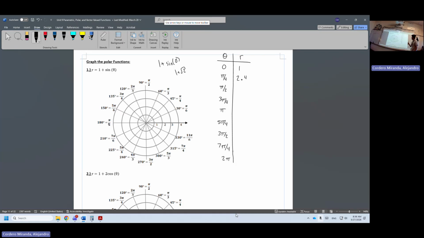No, that can't be right. Oh, I'm sorry. I said square root of 2, I meant square root of 2 over 2. This would be like 1.7. And then pi over 2 would be 1 plus 1 is 2. 3 pi over 4 would be 1 plus square root of 2 over 2 again.